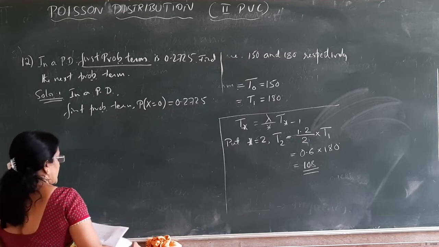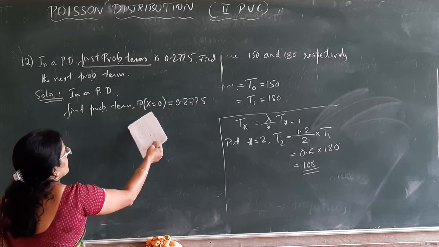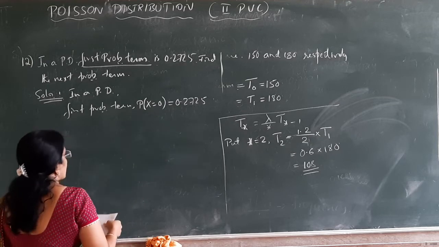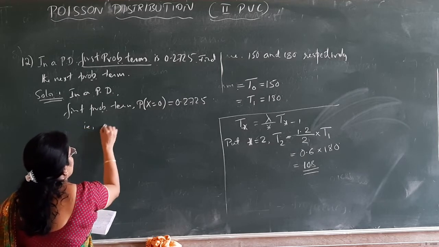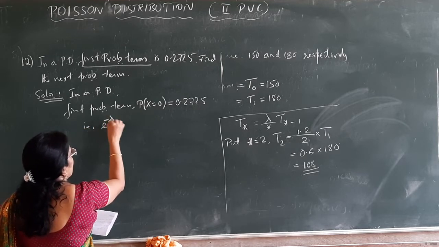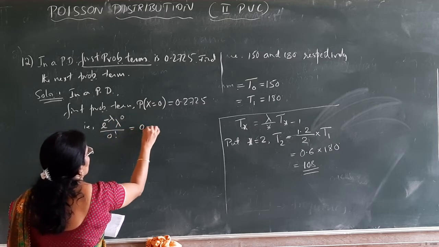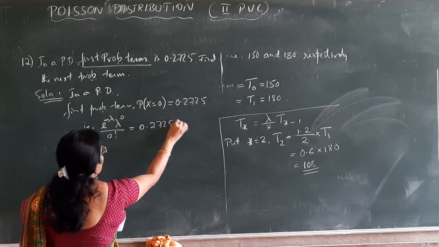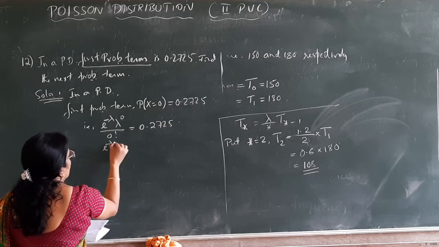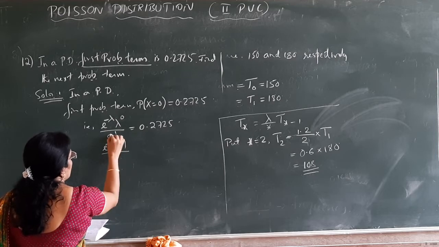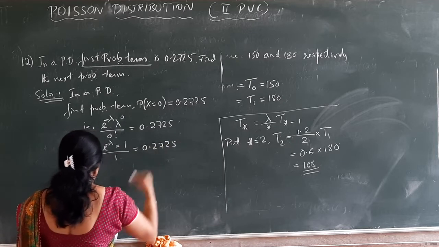Now first, with the help of the given information, we have to find the value of lambda. Can we find this? Yes, that is right. In the probability mass function, e power minus lambda, lambda power 0 divided by 0 factorial, is equal to 0.2725. Now here lambda power 0 is 1, divided by 0 factorial 1, which is equal to 0.2725.